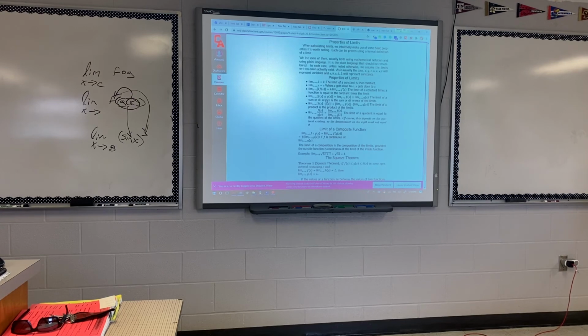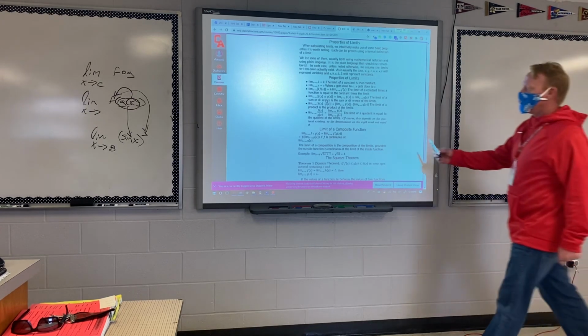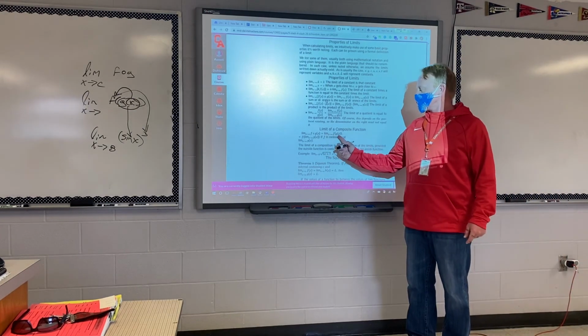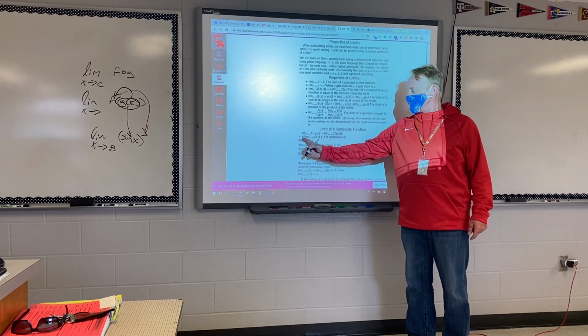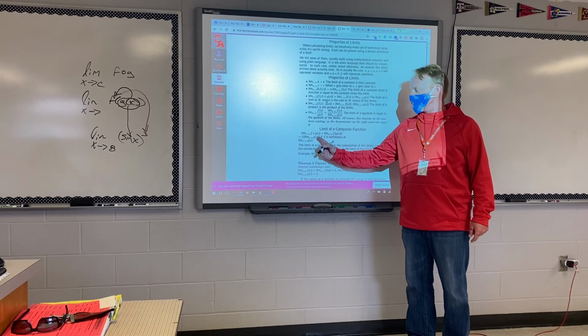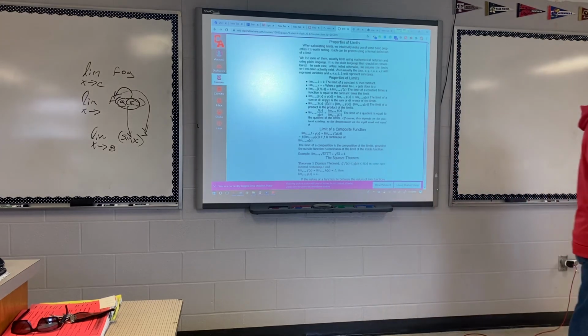Right here, it says, in order to evaluate the limit as x approaches c of f of g of x, I need f of the limit as x approaches c of g. So what is that telling me I have to do, and in what order?